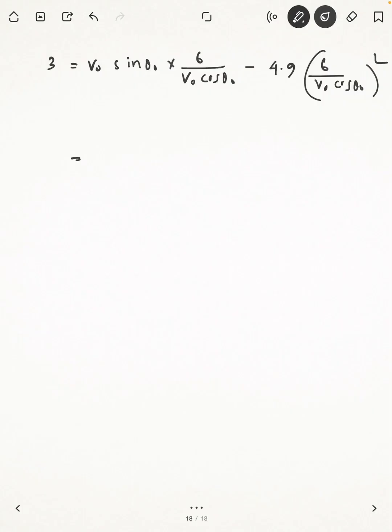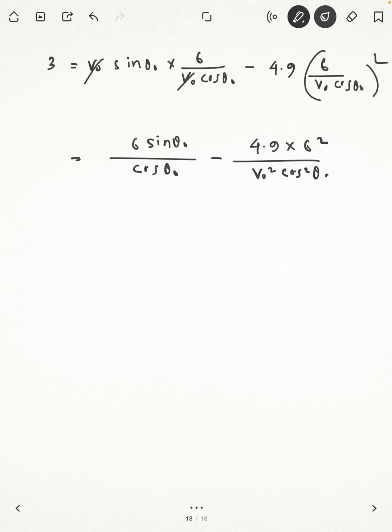So if you do the calculation, this v naught cancels out. We have 6 sine theta naught divided by cos theta naught minus 4.9 times 6 square divided by v naught square cos square theta naught. If you took the LCM, the LCM should be v naught square cos square theta naught.